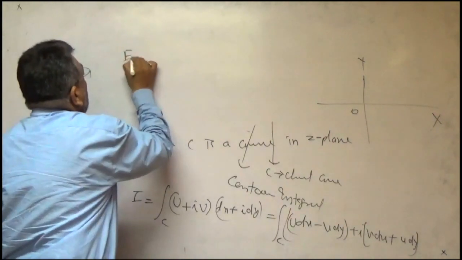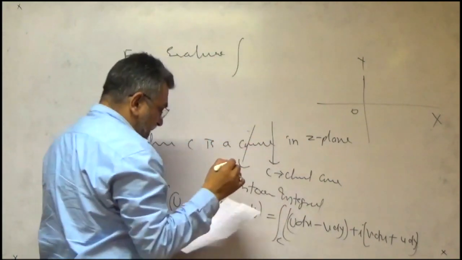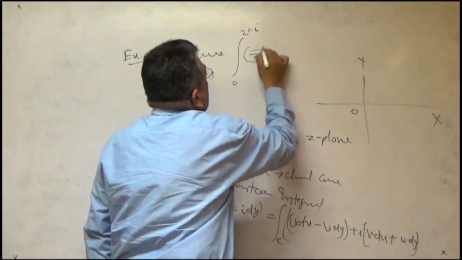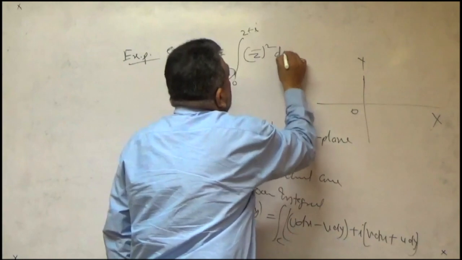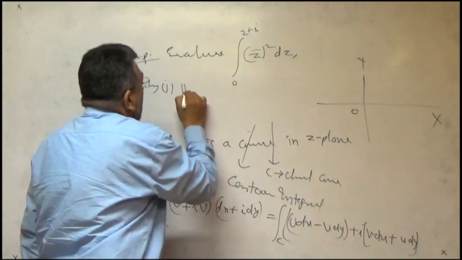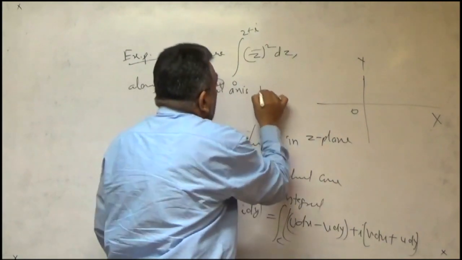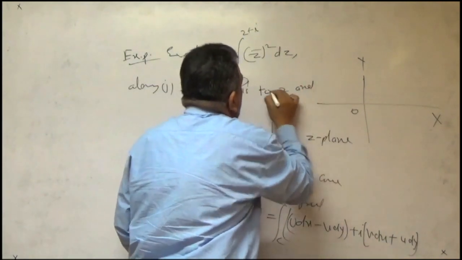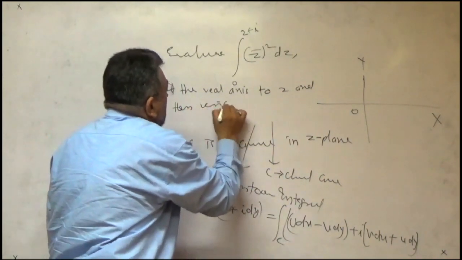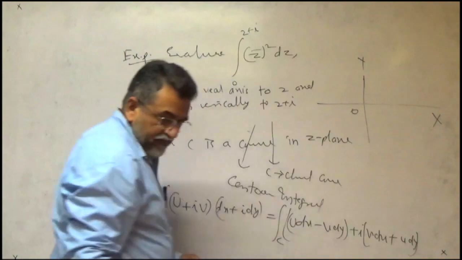Evaluate the integral from 0 to 2+i of mod z bar square dz along path number 1: the real axis from 0 to 2, and then vertically to the point 2 plus i.